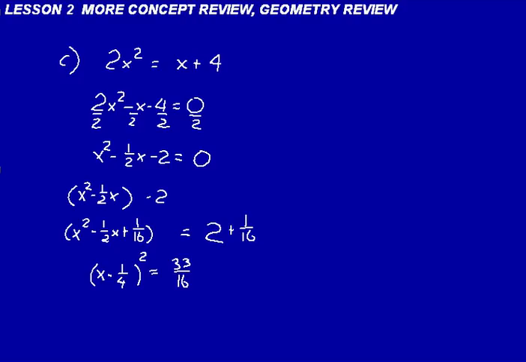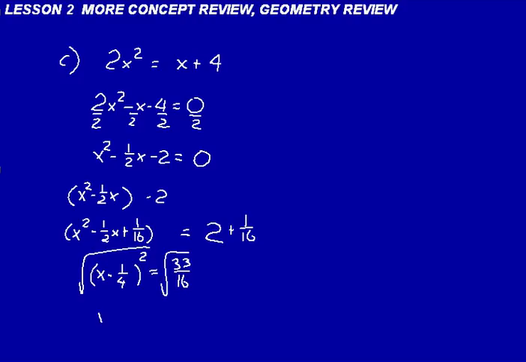Now we can take the square root of both sides. That's the whole purpose for completing the square on a quadratic equation like this. If we take the square root of both sides, we get rid of that squared term, and we're able to just solve for x.